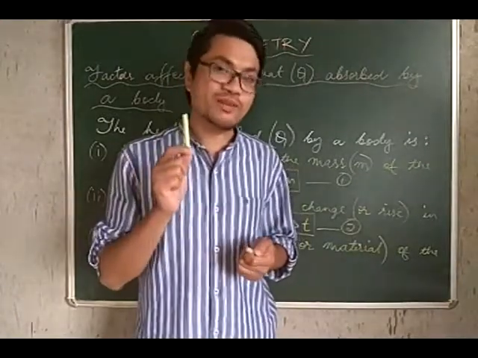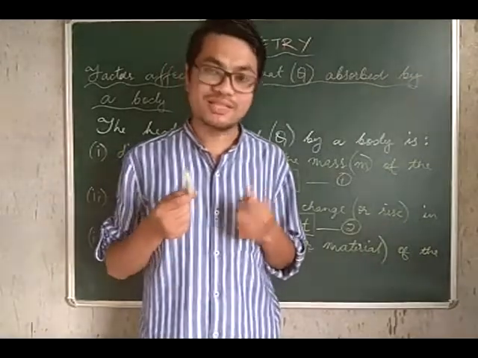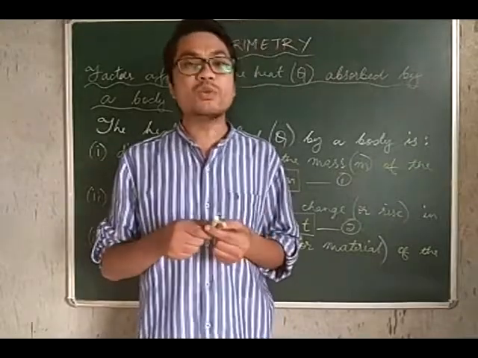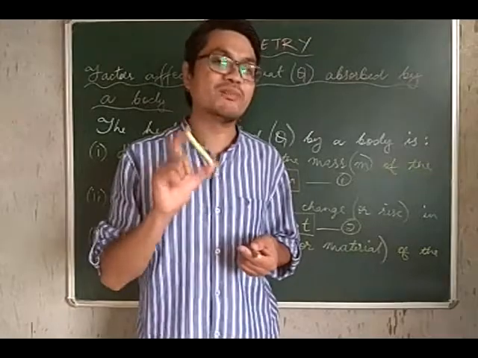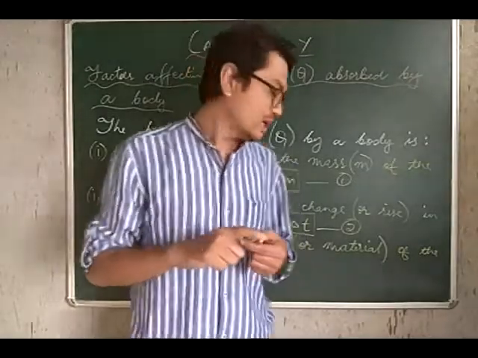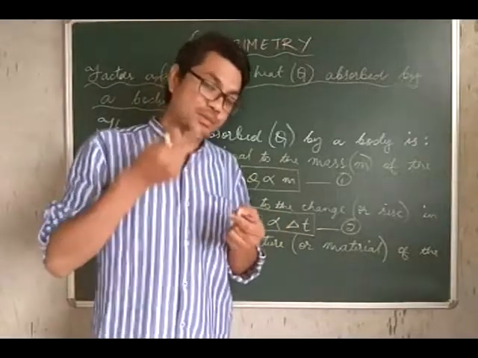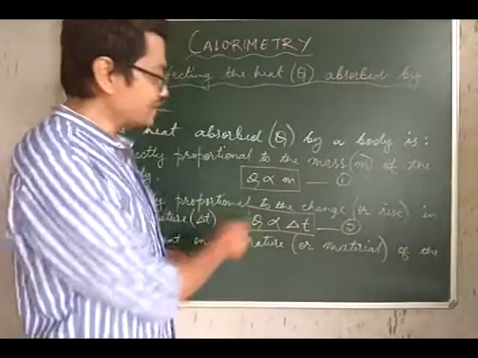Obviously, we need to provide more heat in this case. Although they are made up of the same material, we need to provide more heat to this body having more mass. And in order to raise the temperature of this body by the same amount, 5 degrees, we need to provide a lesser amount of heat. So that is what it means, remember.